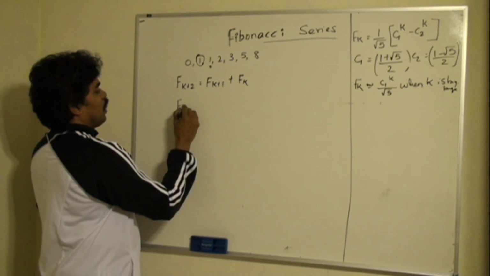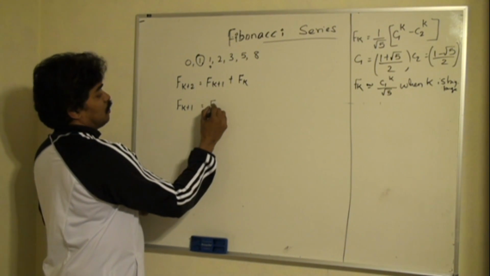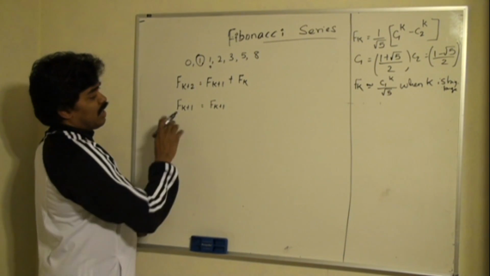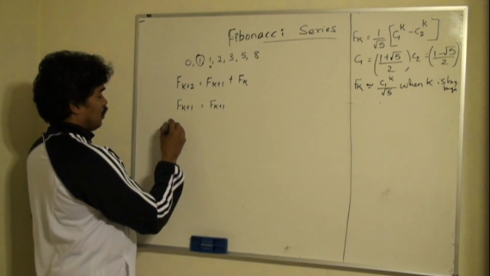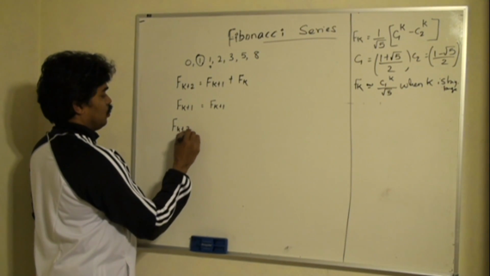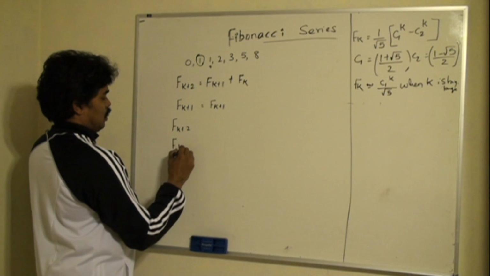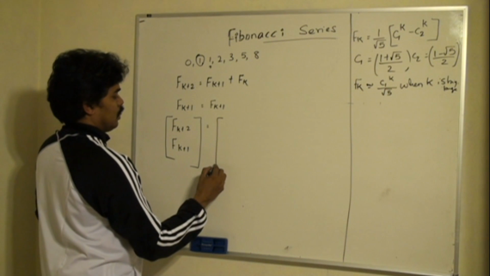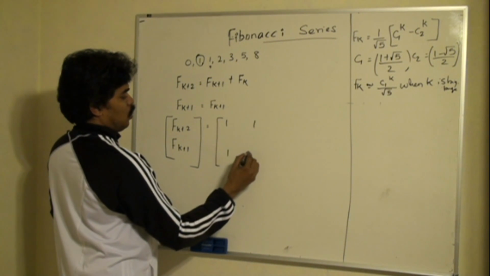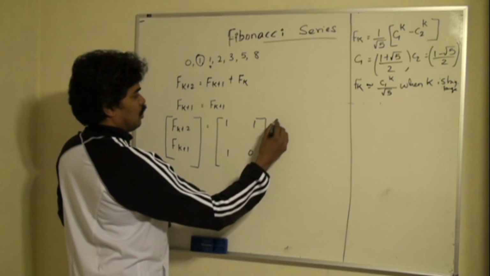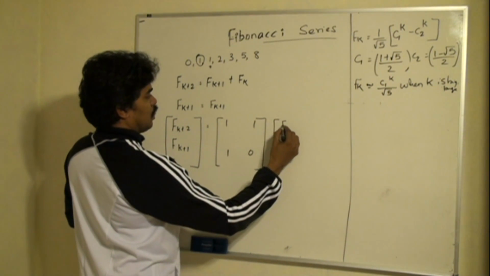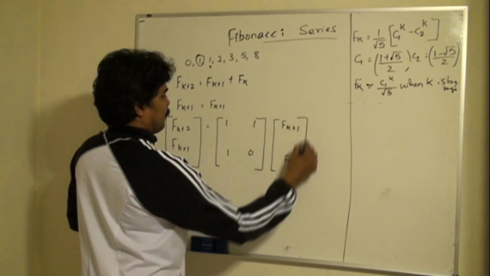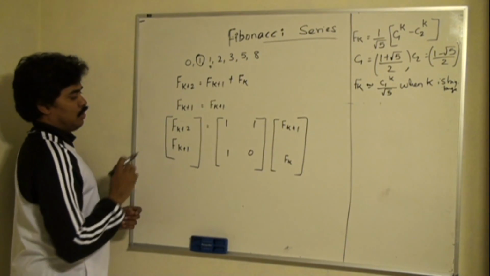Then fk plus 1 is equal to fk plus 1, the same, 1 is equal to 1. So this can be written in matrix form: fk plus 2, fk plus 1, equals the matrix 1, 1, 1, 0, times fk plus 1, fk. So we are writing this equation in matrix form.